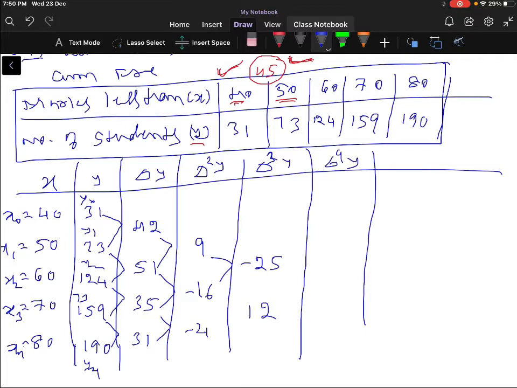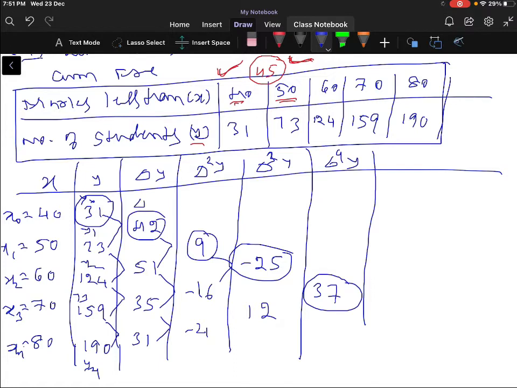Let us calculate the fourth forward difference. 12 minus of minus 25, that is 12 plus 25, which is 37. So here y naught is the leading term. 42, 9, minus 25 and 37 are the leading forward differences. 42 is delta y naught.